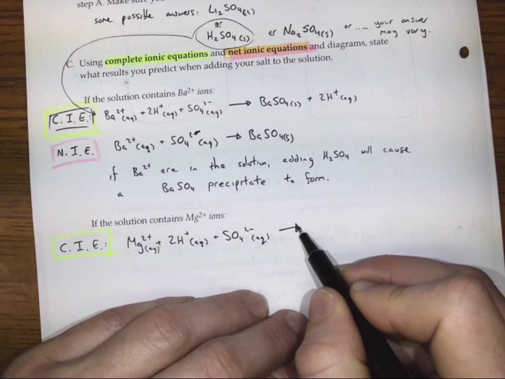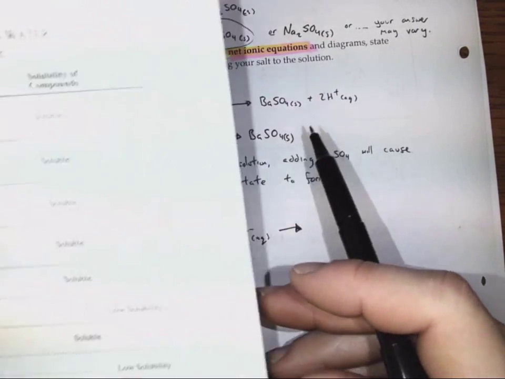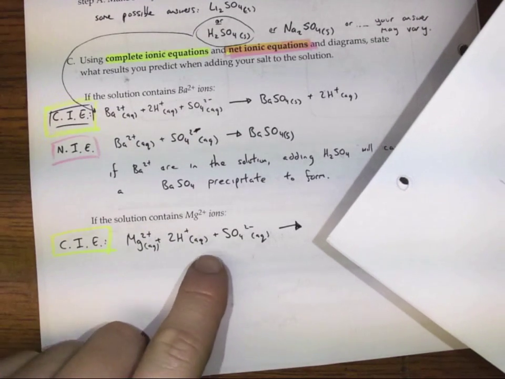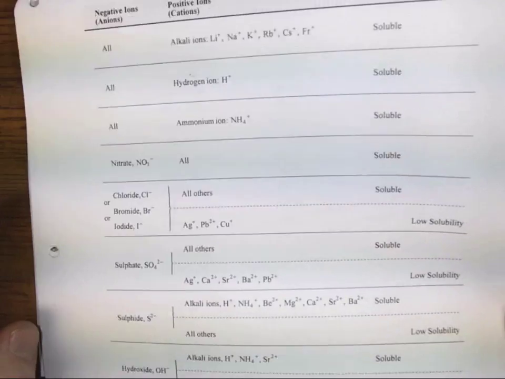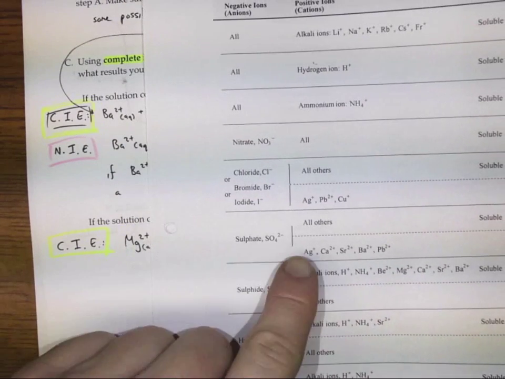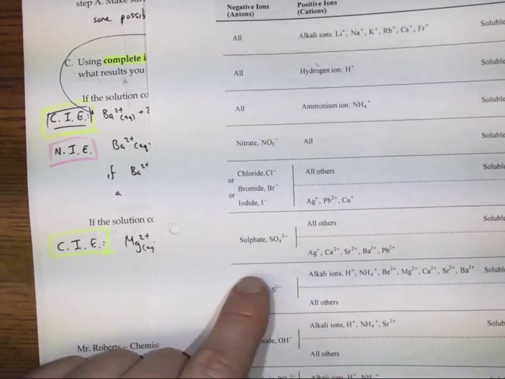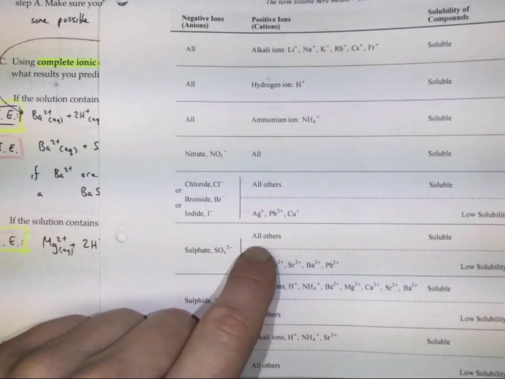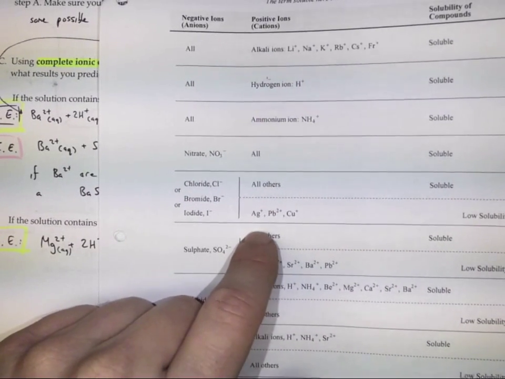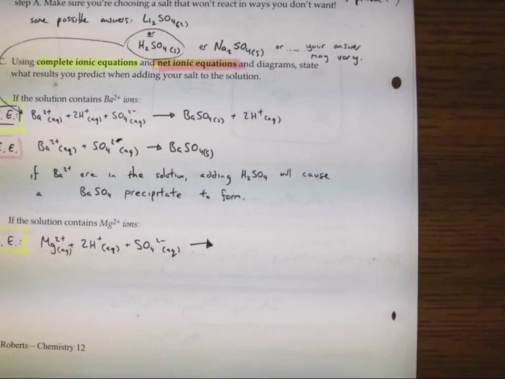And when we look, let's just double check that sulfate, well, I think we already chose these two, so it wouldn't bind with either of these, but let's just double check. Sulfate, and we see magnesium is one of the others. It's not one of the listed compounds. Same with protons. It's a different positive ion. And so these guys combine with sulfate in a soluble way.